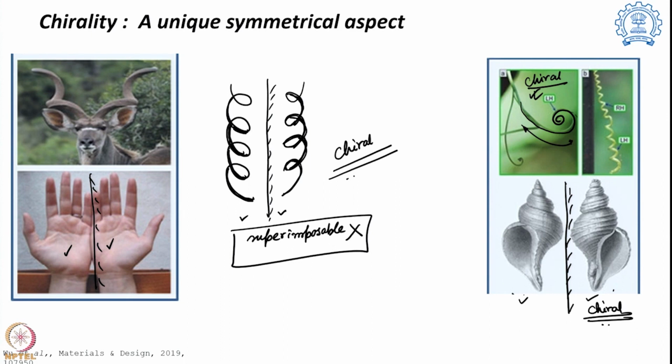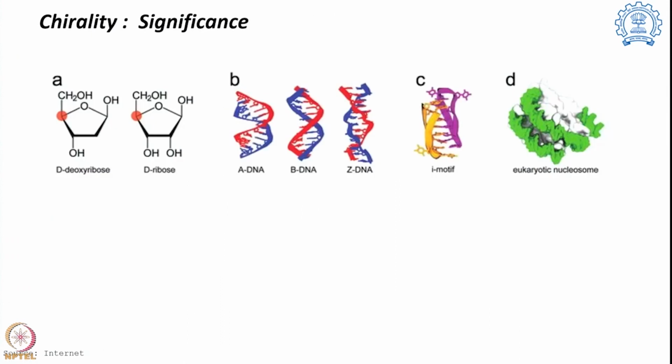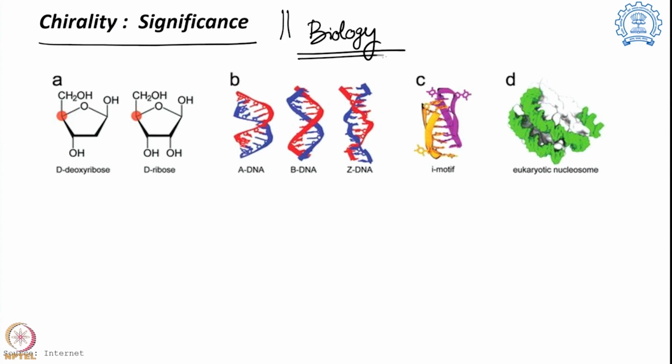But why do we care about chirality? Chirality is very much important in biology, because biology uses chirality as an identity. So, for example, over here I am showing you some examples. In biology, what are the major components of the formation of biological systems?